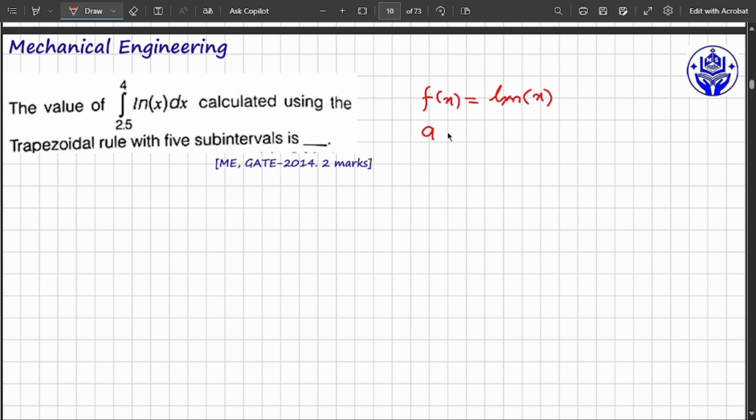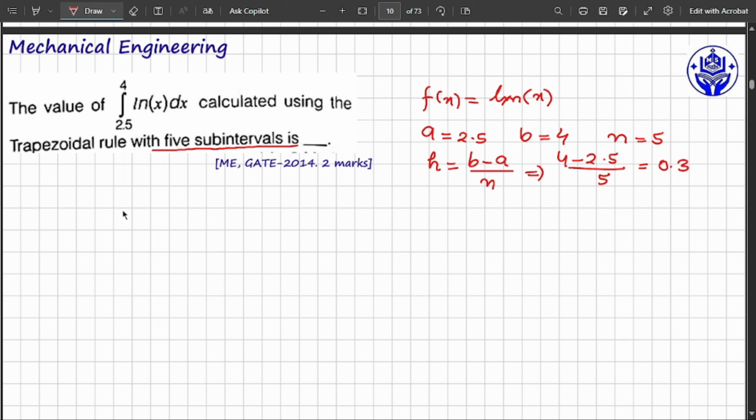Now a equals 2.5 and b equals 4, using trapezoidal with 5 subintervals, so n is 5, and you can easily find h. It is (b minus a) upon n, which is (4 minus 2.5) divided by 5, which is 0.3.